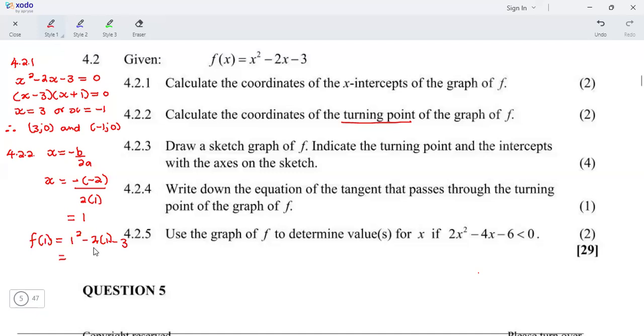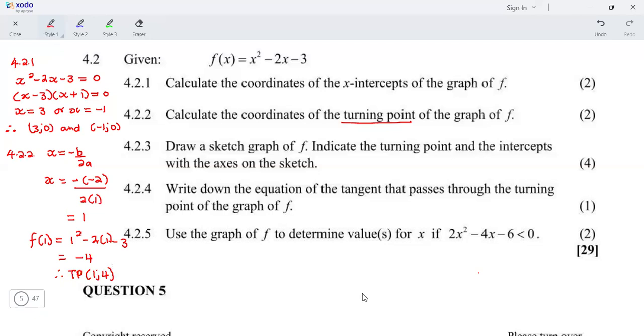So that means that our y value is -4. So we can then conclude that the turning point is (1; -4). Right, done.